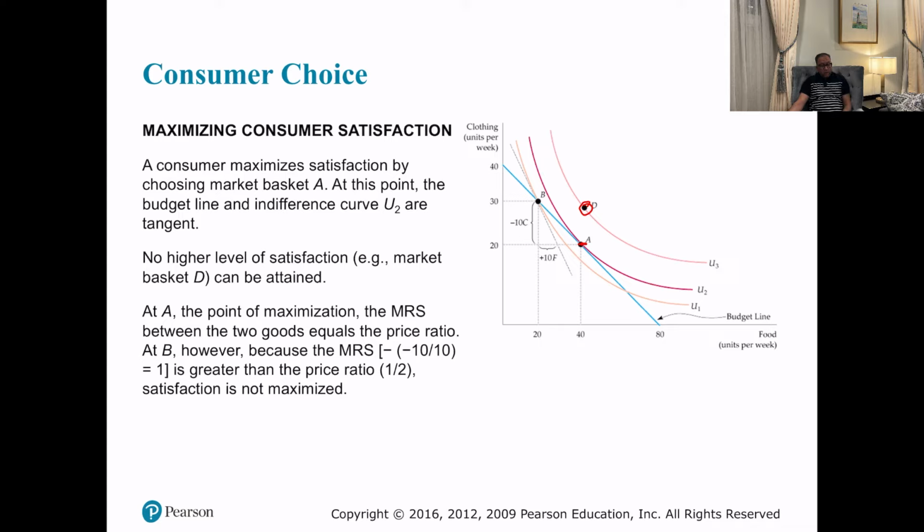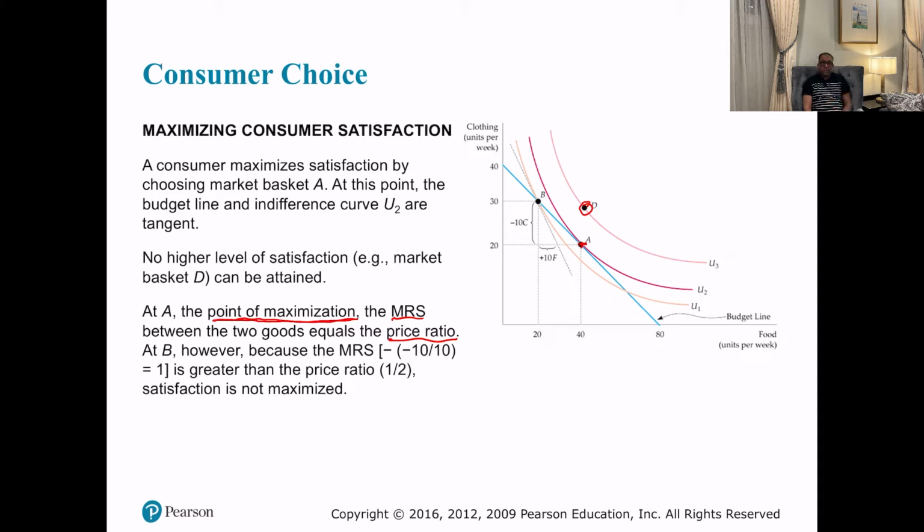At point A, the point of maximizing, this is the point we want to make here: you want to learn where the utility, or benefit, or happiness is maximized, where the MRS, which is the slope of the indifference curve of the two goods, equals the price ratio. And what is the price ratio? The price ratio is the slope of the budget line.